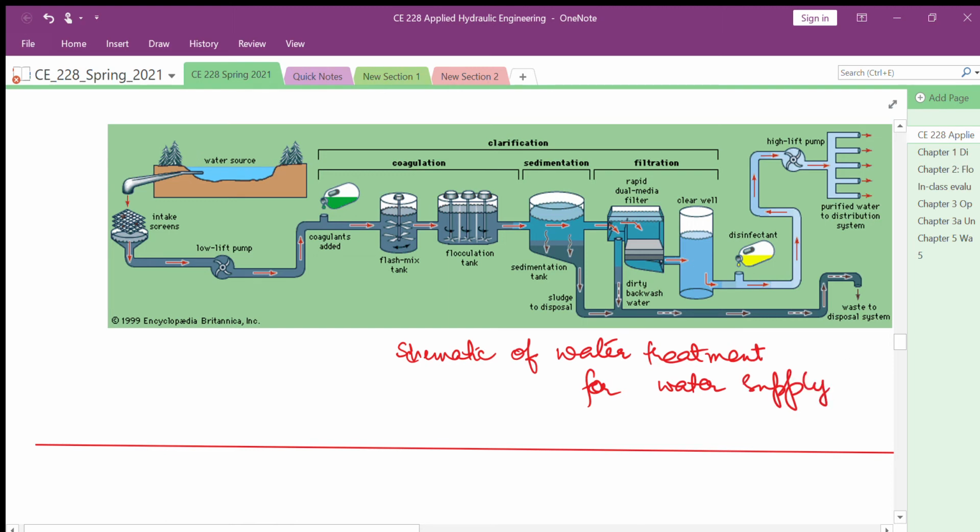So we have the screens which protect the water from very large boulders and large obstacles. Then we have several processes such as coagulation, flocculation, sedimentation, and then lastly we have filtration. And thereafter, some disinfectant, particularly in the form of chlorine, is added, and then purified water is distributed in the system.